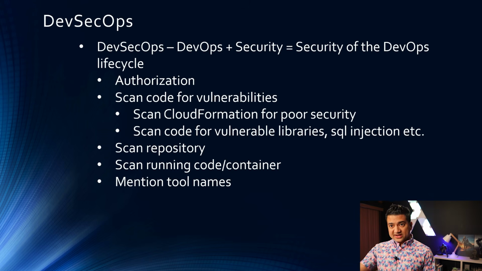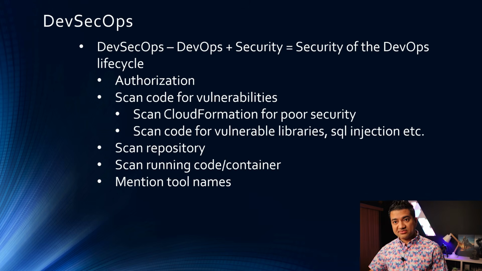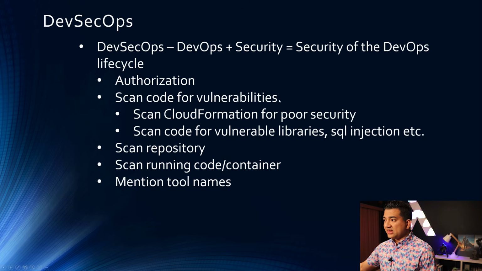It will be impressive if you mention the tool names. So for example, to scan code for vulnerabilities, you can scan CloudFormation using cfn_nag. It's an open source plugin. There are also many tools that you can use. You can Google it. One of them is like Parliament, and there are many others. Scanning code for vulnerable libraries, you can use Fortify for this.